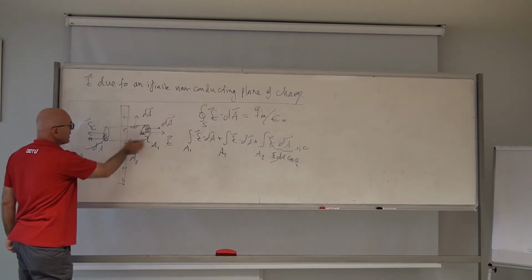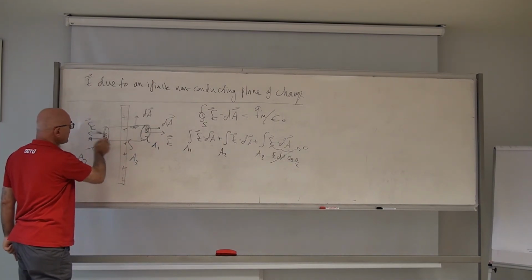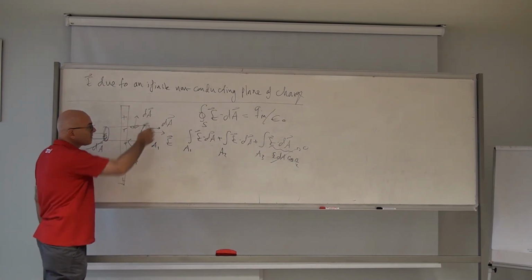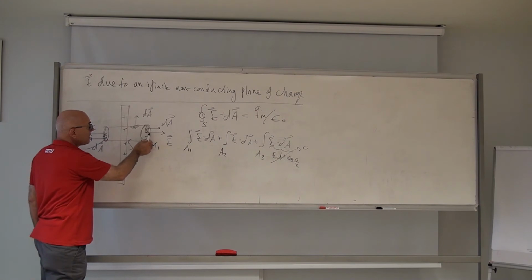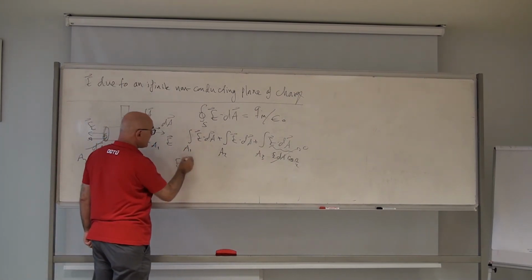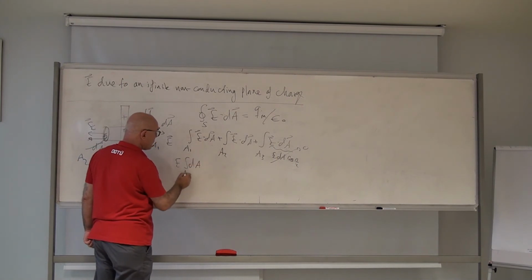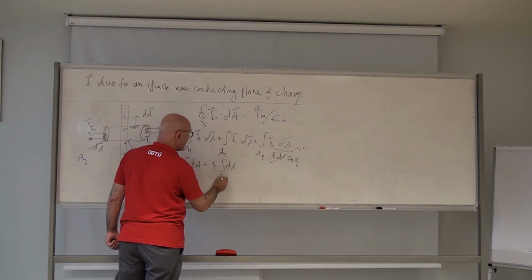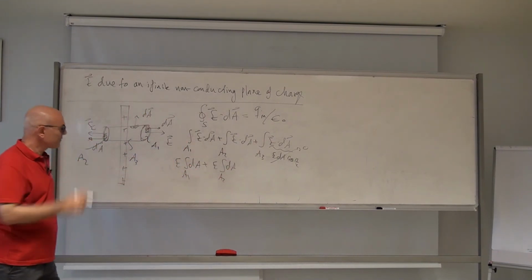Now, again, E and dA are parallel here, and from our arguments at the beginning when we first discussed the problem, the electric field is uniform here, so this reduces immediately to E times the integral of dA over A1 plus E times the integral of dA over A2. Okay?